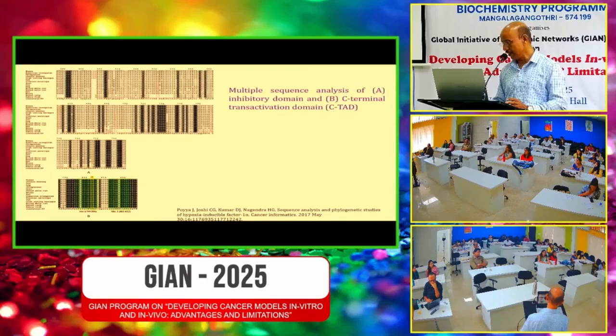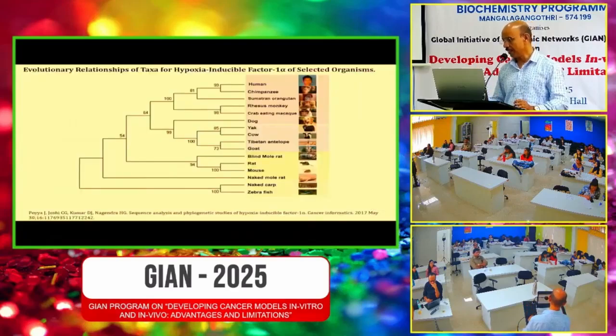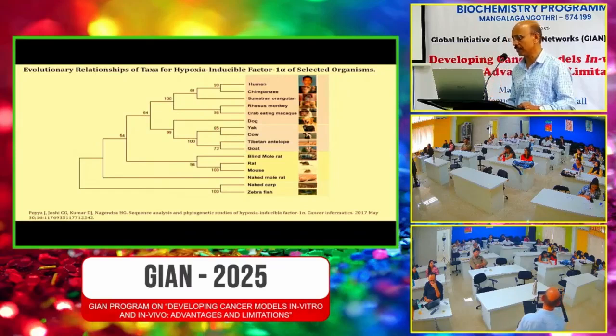And in these results, we also took certain domains and checked whether there is any similarity or dissimilarity, and we found that we could arrange the organisms according to their relatedness with the hypoxia factor.